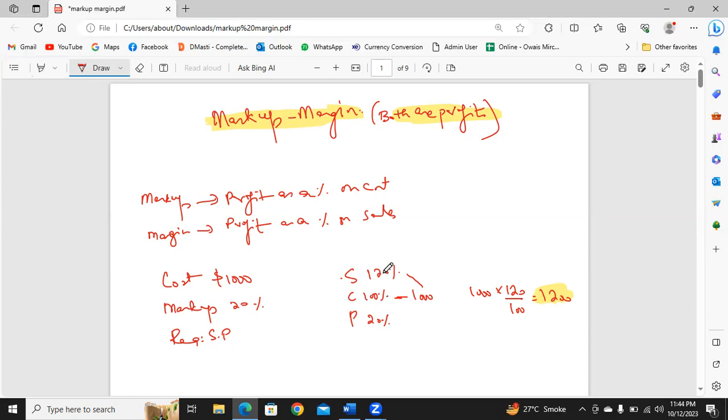Cost will be 100%, so selling price will be 120%. We have cost out of these three, which is 100%. Now we have to find the price, which is 120%, so we multiply with 120 and divide by 100 to get sales. So it is 1200.